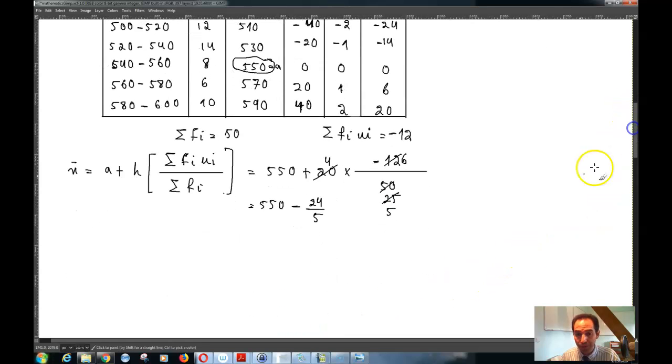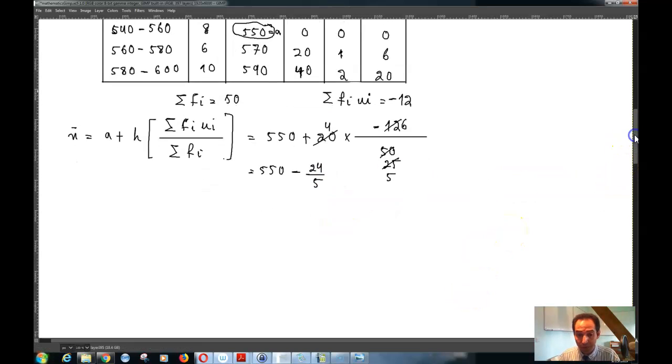24/5, which is the same thing as, I don't know what is 24/5. Let me calculate it here. So 24/5 is the same thing as 4 times 5 is equal to 20. So you have a 4 here, and 0.8 times 5 is equal to 40.